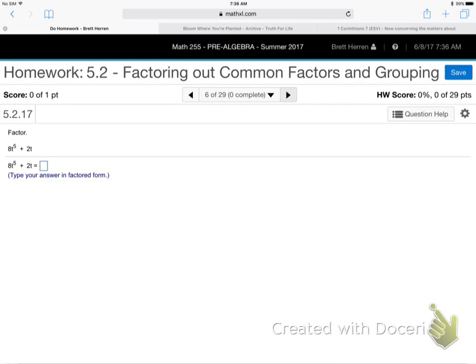All right, so 8t to the 5th plus 2t. Find what number goes into 2 and 8, and then take the lower of the 2 powers.